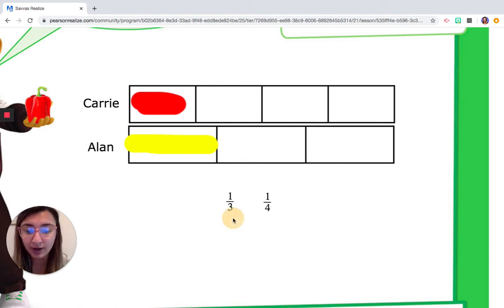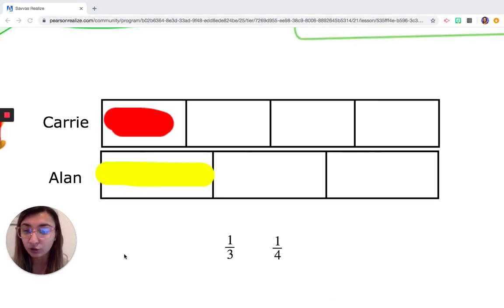So for this one, Alan has eaten the most of his vegetables, because he only has 2 left, whereas Carrie has 3 left. So he has eaten more.